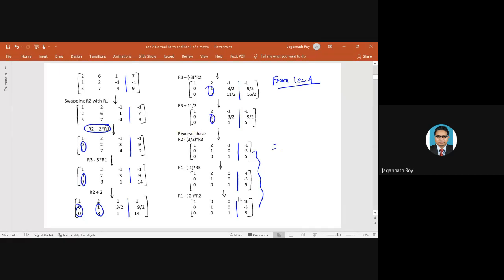The reverse phase is that whatever is above the main diagonal, we have to make it 0. We wanted to make this one 0, this one 0, and then this one 0. So we have done all these steps. But since we were only doing row operations, now we have the freedom to do the column operations also.